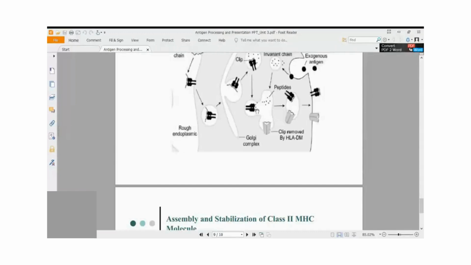The CLIP protein is snatched or robbed from the groove of the class 2 MHC. The HLA-DM is a chain snatcher, a robber. The CLIP protein is snatched from the groove of the class 2 MHC to the groove of the HLA-DM, so the HLA-DM groove gets engaged with CLIP protein.